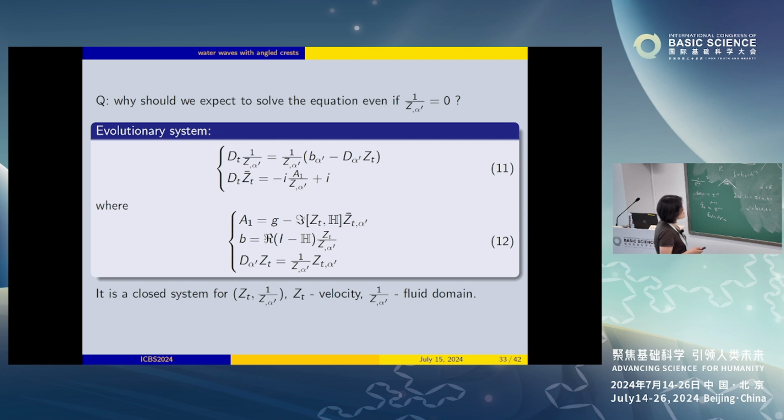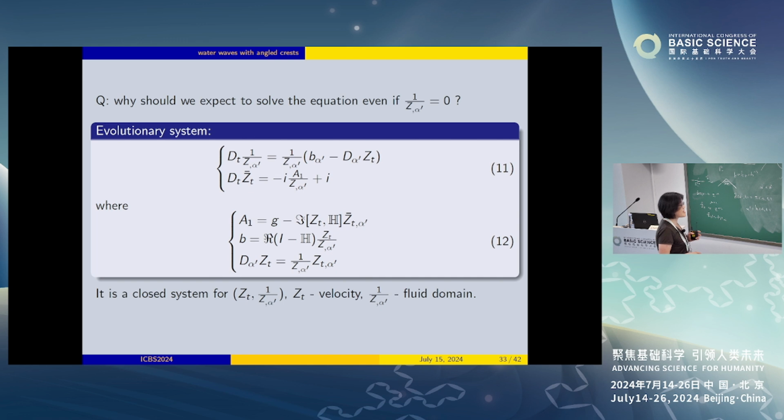Now, why should we expect to solve the equation even if 1 over Z_α is 0? If you just look at the evolution of this water wave equation, to understand the water wave we only need to understand two quantities, velocity and the shape of the domain, right? The velocity Z_t, and the shape of the domain is determined by its Riemann mapping.